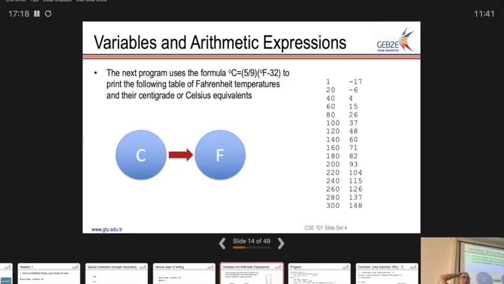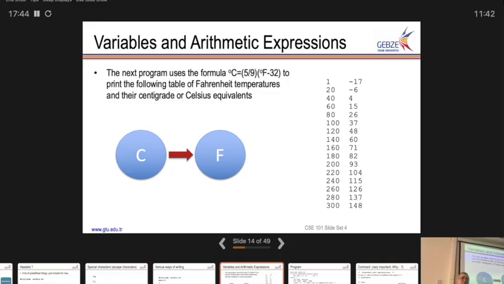So a typical example from the book is conversion from Celsius to Fahrenheit or Fahrenheit to Celsius. Finding the Celsius from Fahrenheit. There is a formula, 5/9 (F minus 32).